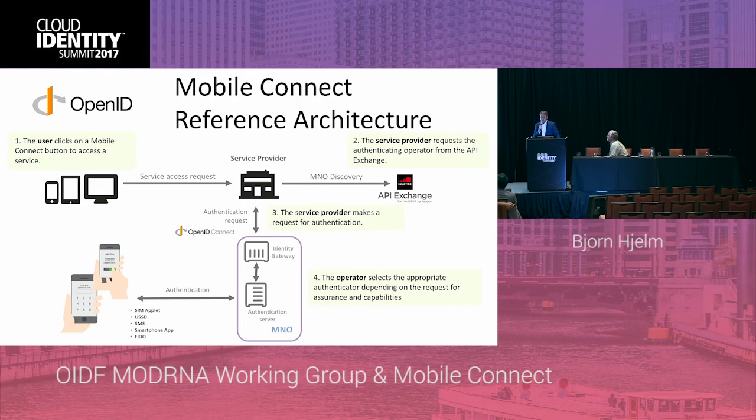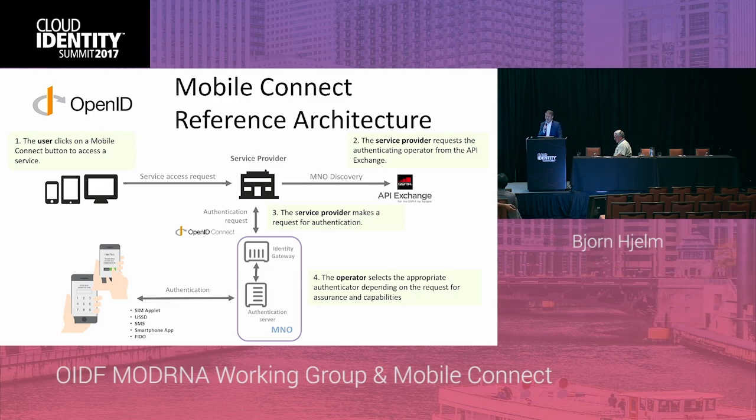This is the Mobile Connect reference architecture. Again, just to go through what's actually happening. The user clicks on the Mobile Connect button when accessing a service provider's website. The service provider requests MNO discovery through the API exchange. It gets back a redirect URI and then sends that request down to the mobile network operator for authentication.